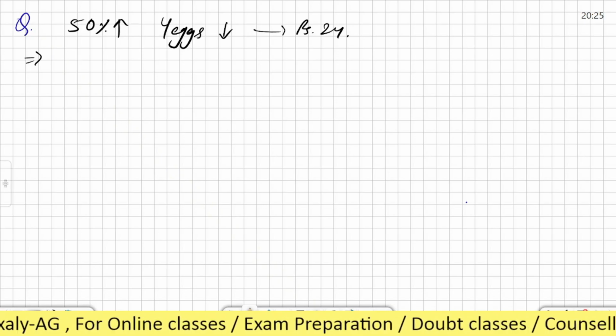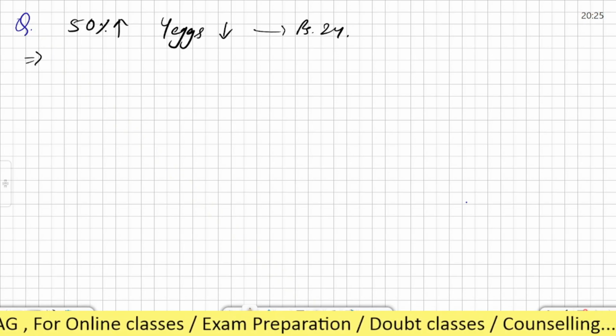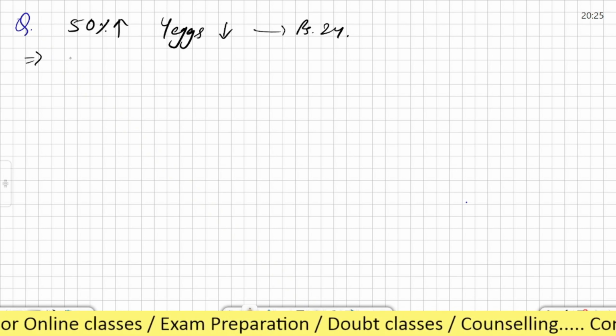The percent rate of egg per dozen is... Okay, so let's see how we will do it.